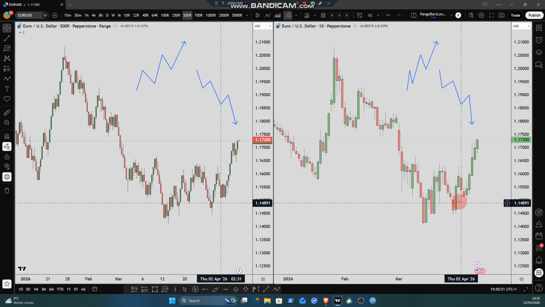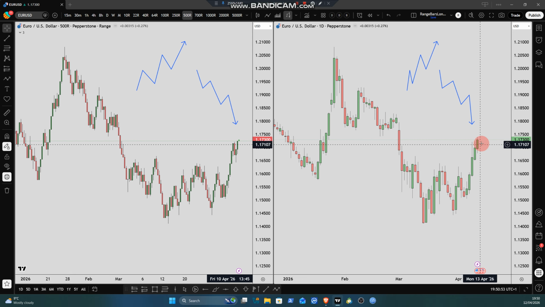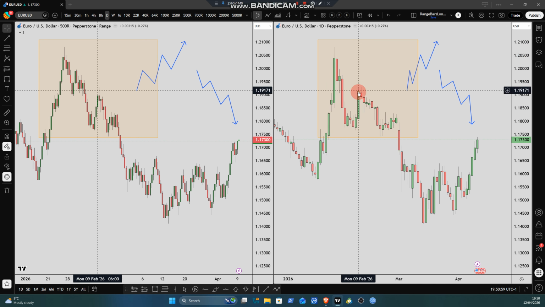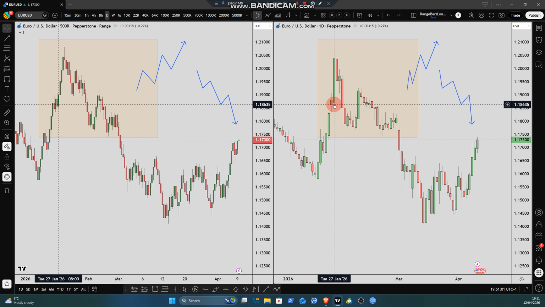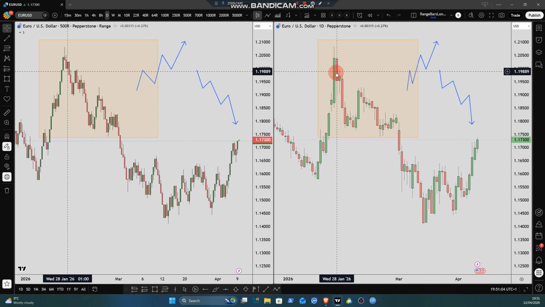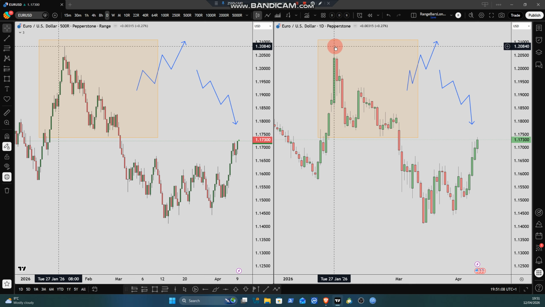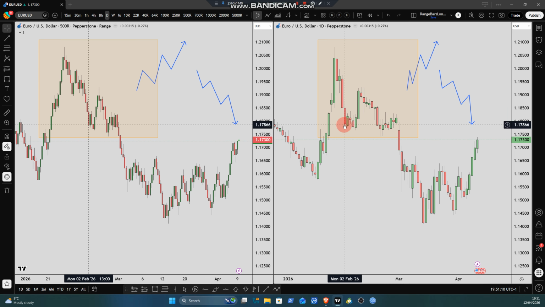So for example, if I focus my entire objective on this period here, what you can see is a massive engulfing candle, and then one day where the market previously wanted to go higher fails to go higher and then starts heading lower.